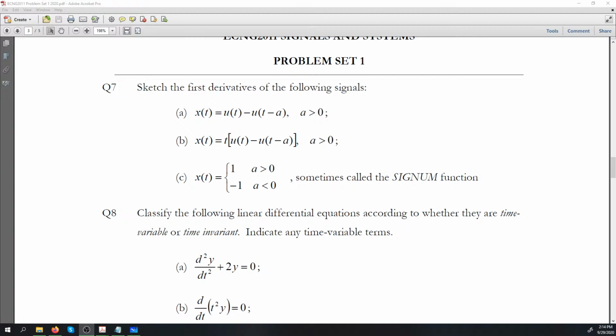So we want to start with question 7 part A in particular, which is x of t equal to u of t minus u of t minus a. We'll draw what the signal looks like first and then how we differentiate this. So on a separate copy here.